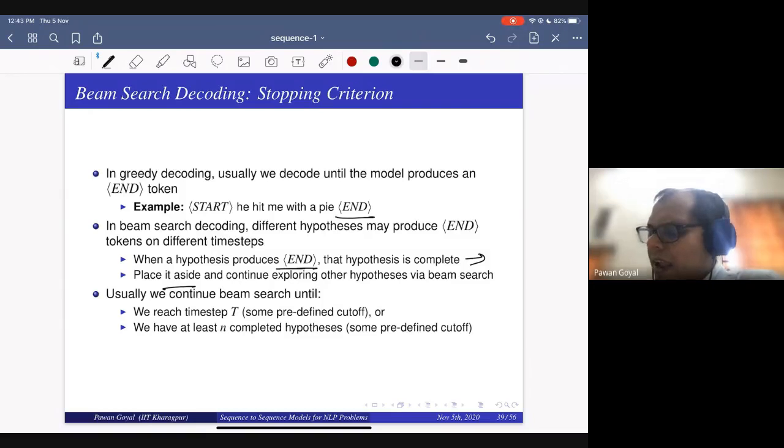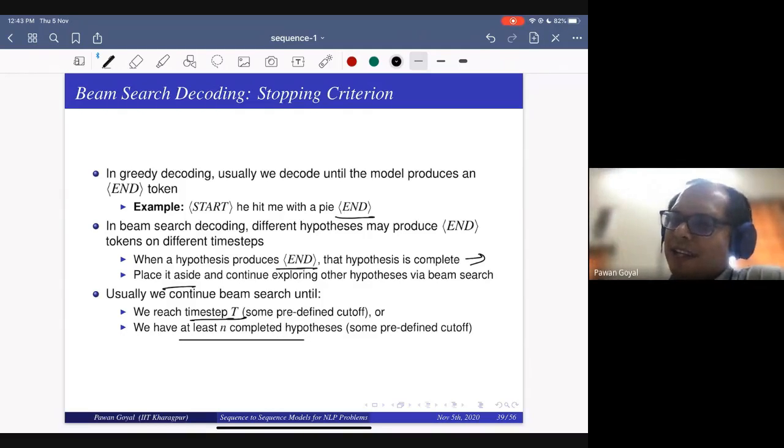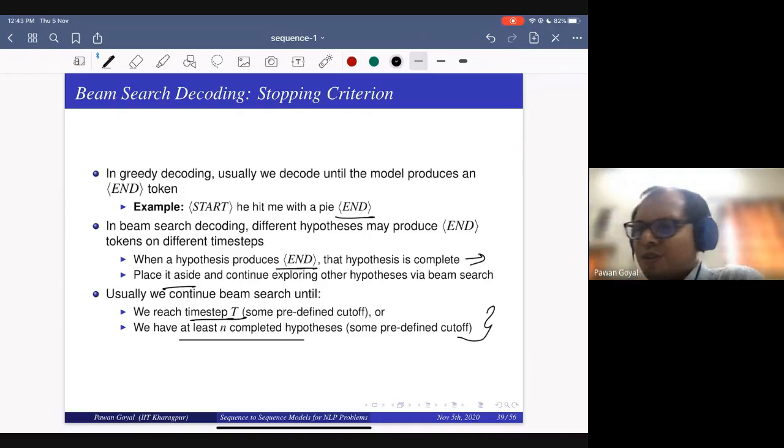Usually you continue beam search until either we have reached a time step t, that okay, I have already generated 10 words, so I'm done, or we have at least n completed hypotheses. That's again a very nice criterion: I will keep on doing that until I have n complete hypotheses to choose from, and that's where you stop. Of course, don't do it plain. You still have to put a limit, otherwise you may be in a loop where it never ends. So you still have to have some cutoff based on time step.